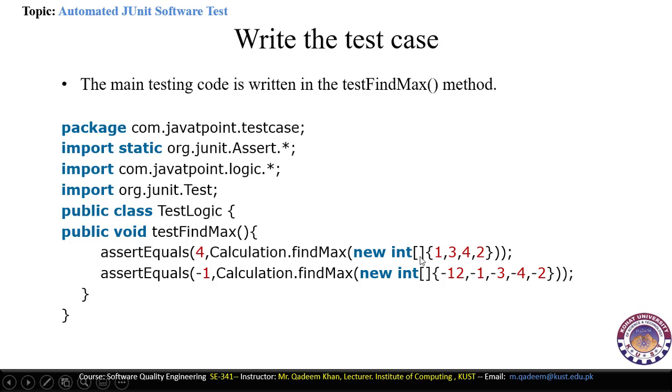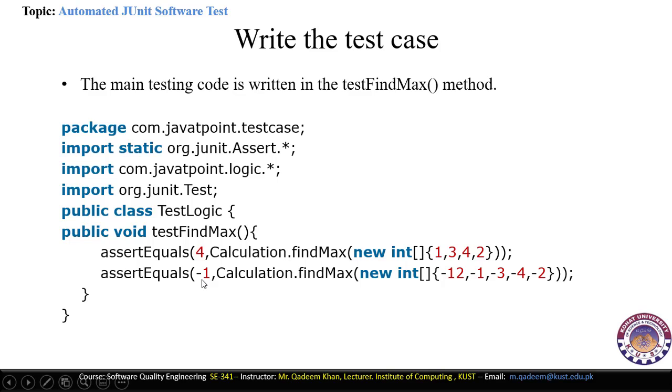findMax new int array 1, 3, 4, 2. It will return 4. That means if this array is passed, it should return 4. So this is the expected result, and this is the actual value of this function testFindMax.